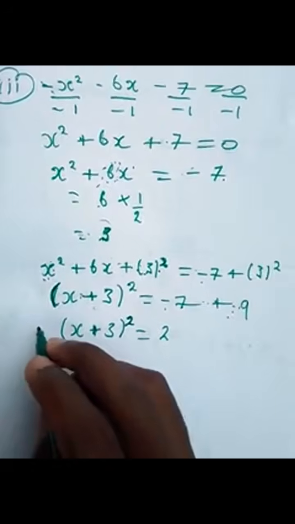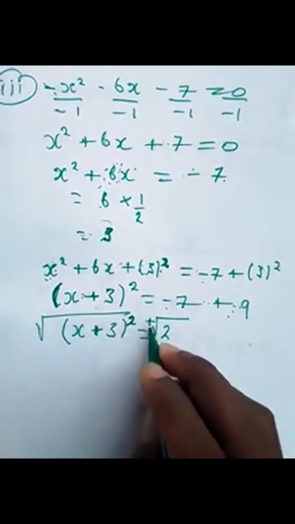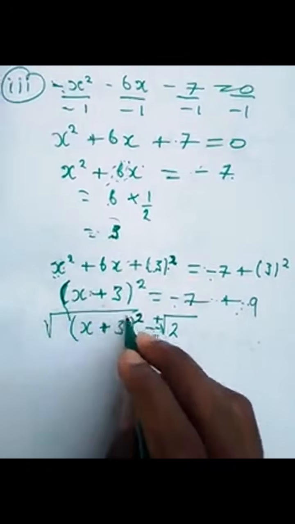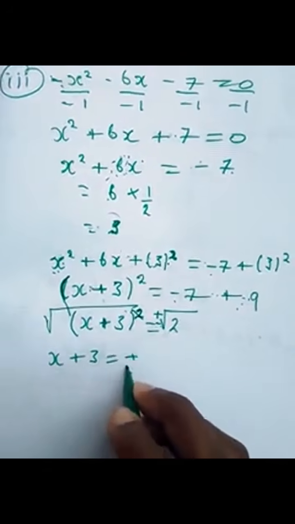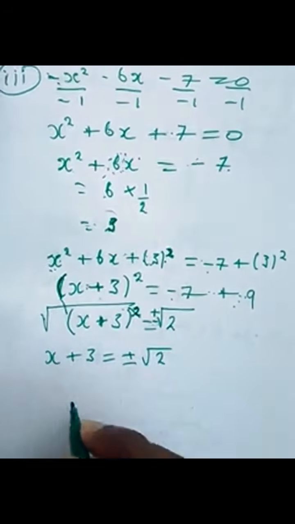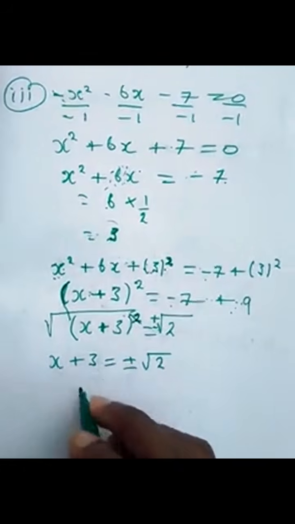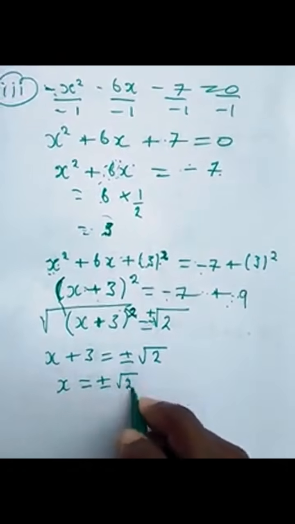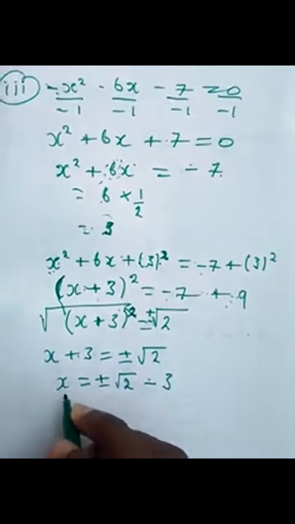Okay, part 2. It's the first time we introduce the square root and also plus or minus. So the square root will cancel and I'll remain with x plus 3 equal to plus or minus square root of 2. I'm going to take this to the other side, so x is equal to plus or minus square root of 2, and this 3 goes to the other side as negative 3.